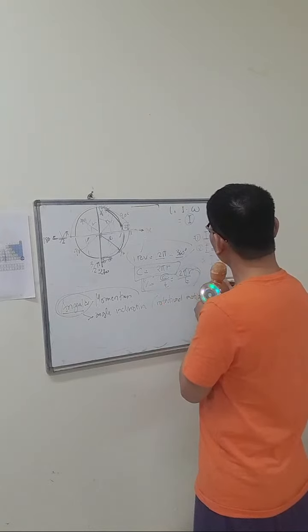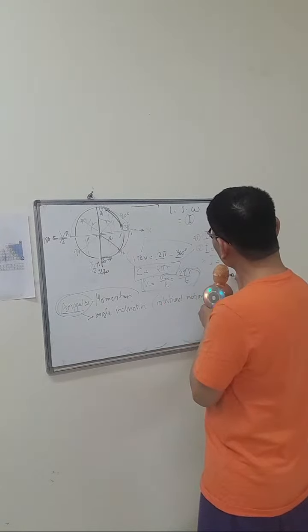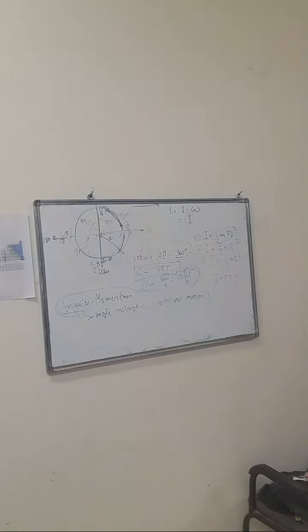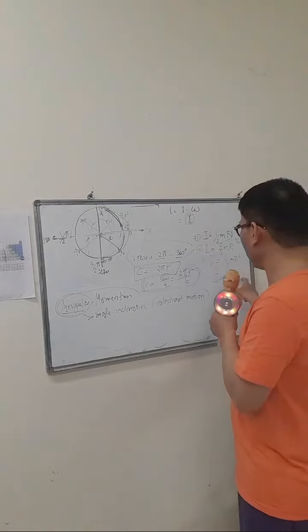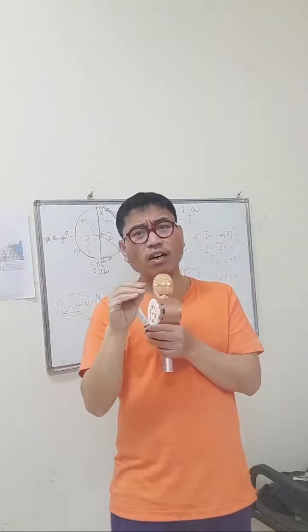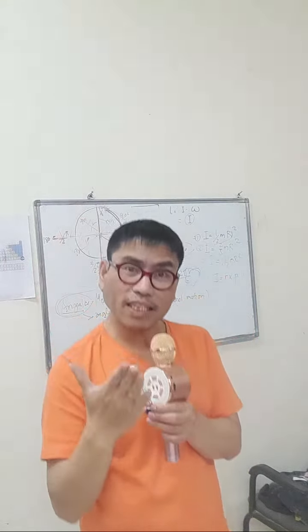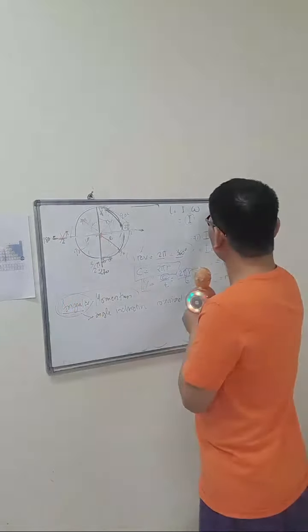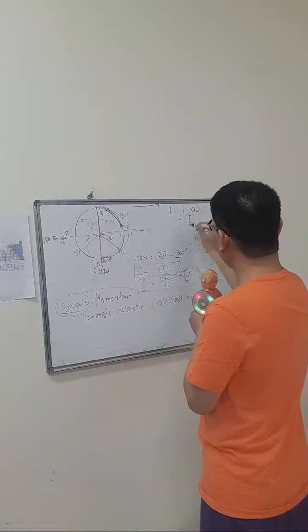We have I equal to the radius times the linear velocity. Since the topic is more on the circular, you cannot expect the linear velocity to be used, because it's circular. You need to use the angular velocity.